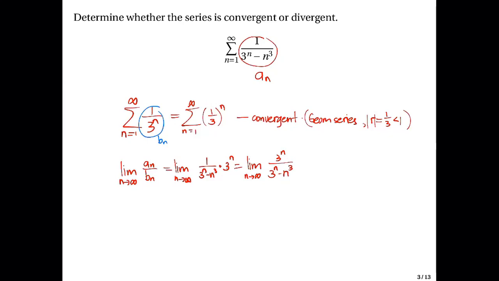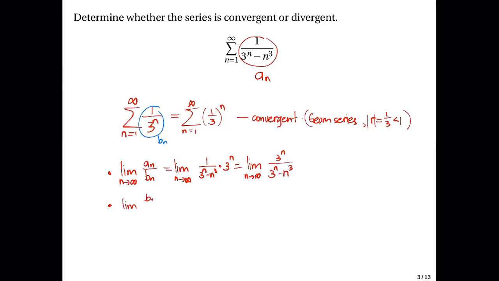Pwede kayong mag-multiply and divide by 1 over 3 to the n, etc. But remember, just earlier, instead of computing an over bn, mas madali minsan computein yung limit ng bn over an. So ipapakita ko sa inyo kung paano magiging handy yon.